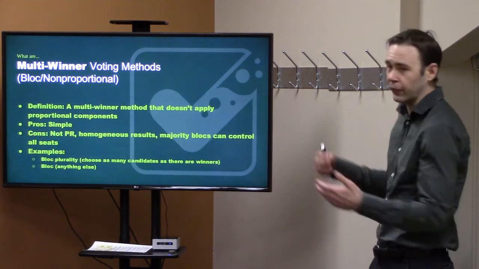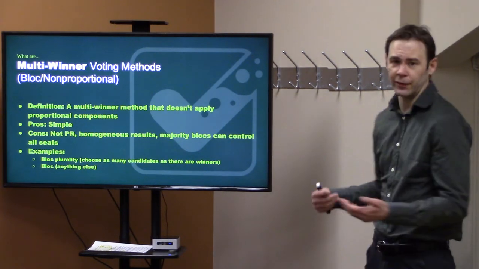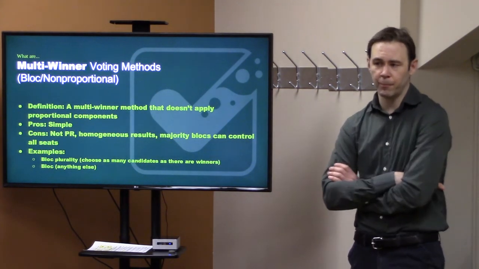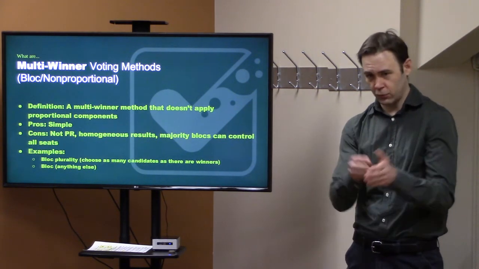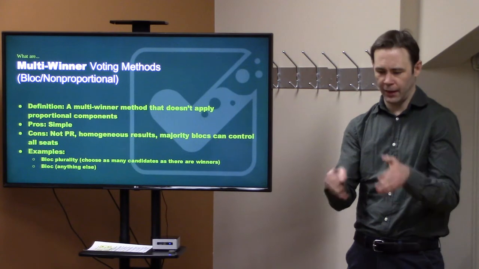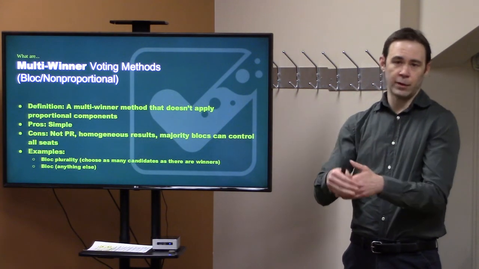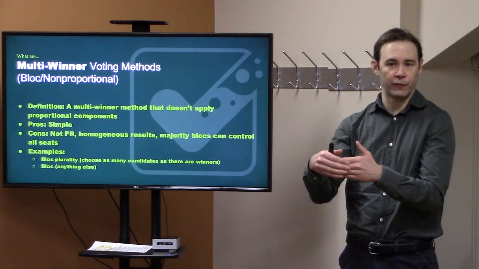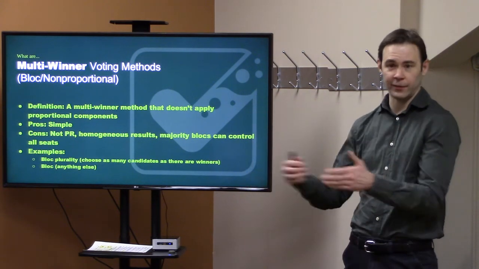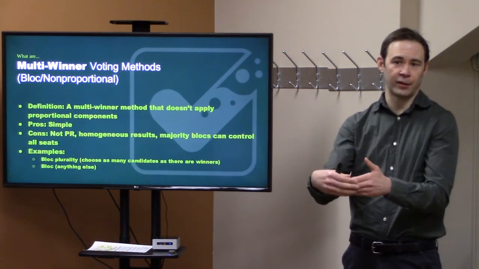But a common feature that they have is that the outcomes tend to be pretty homogeneous. Particularly with the block version of plurality voting, when you say choose as many people as there are seats to be filled, you can have some majority block that, if they are able to control the majority of the votes, can control all the seats on the council. Say some group makes up 60% of the electorate.